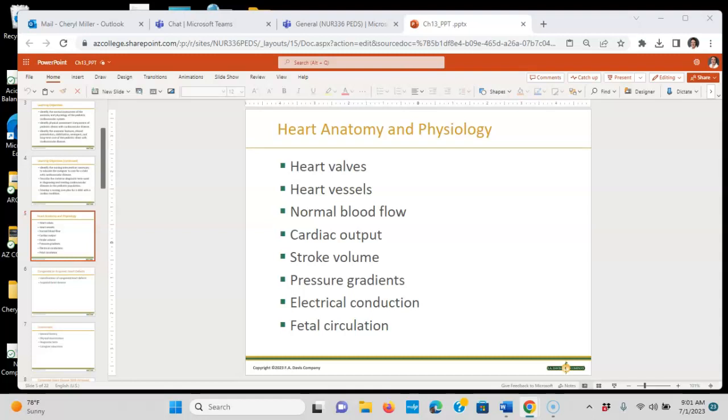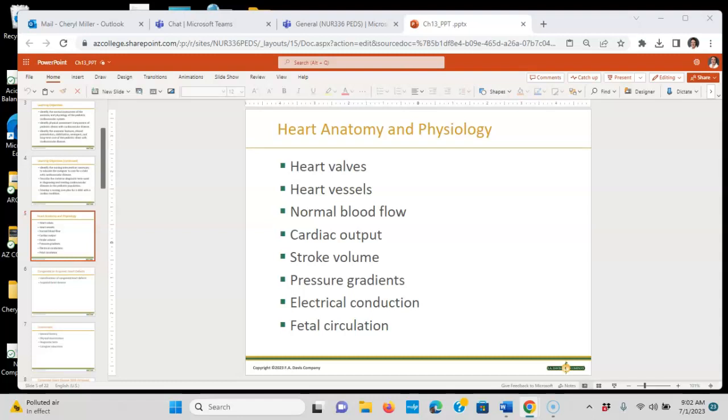So deoxygenated blood will flow from the superior vena cava to the right atrium and then to the right ventricle, the pulmonary artery, the patent ductus arteriosus, and the aorta. Upon birth and that first breath, the foramen ovale and the ductus arteriosus close, or are supposed to.